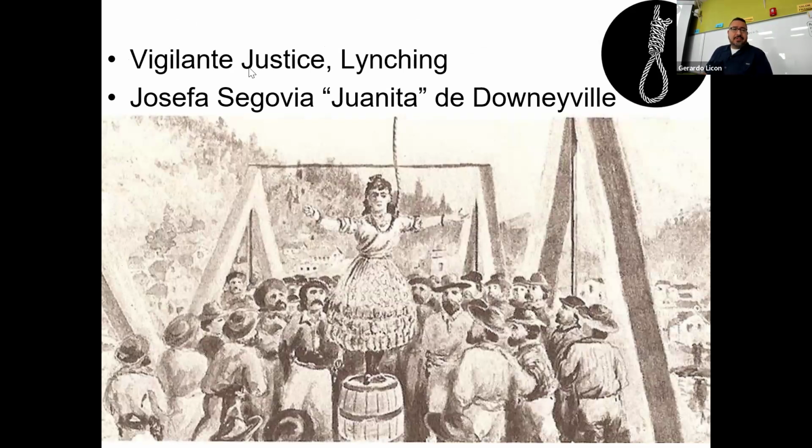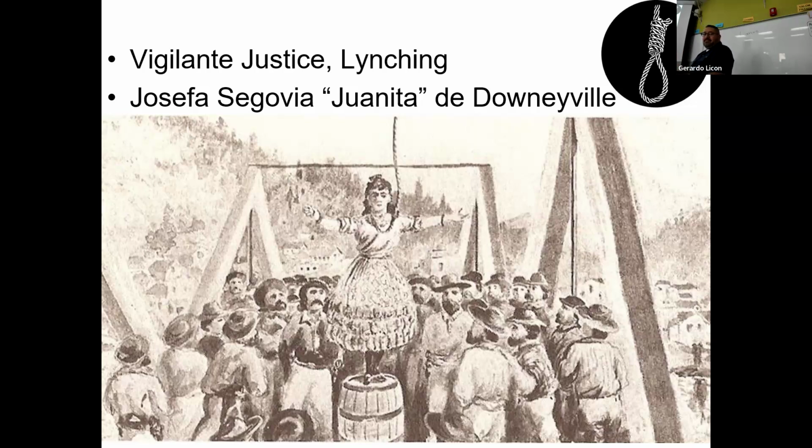So vigilante justice was too common in the Southwest. Lynching was one of the ways in which vigilante justice would manifest itself. People would also just get shot and killed.